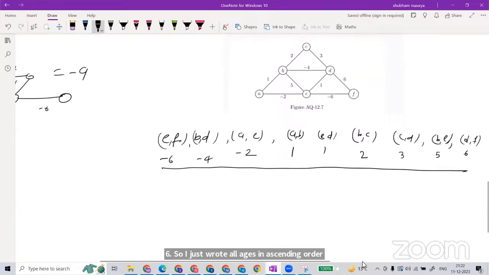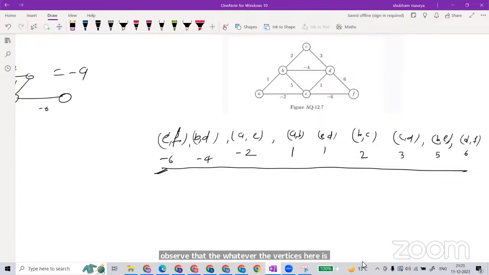Now I will start choosing the edges which have the minimum weight. Anyhow we have to look at the graph. Without that it will be difficult. You have to very clearly observe the vertices, so that we should not reach a vertex again.